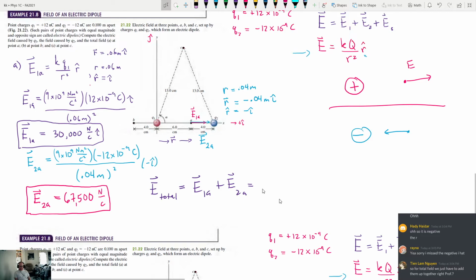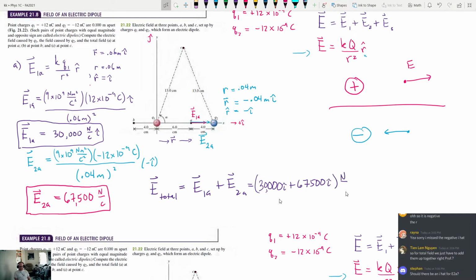So that is 30,000 plus 67,500. They are both multiplied by i hat. They're both in newtons per coulomb. Oh yeah, this is missing an i hat. You're right. This should have an i hat here too because I wrote it as a vector. They both have i hats because it was at the end.